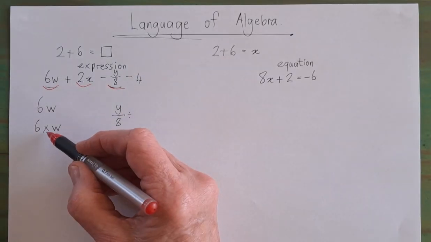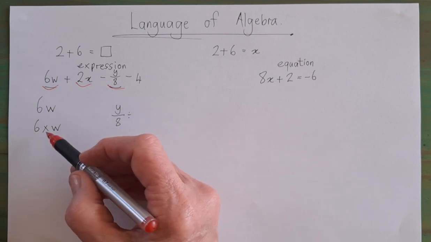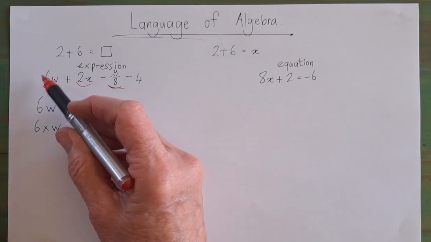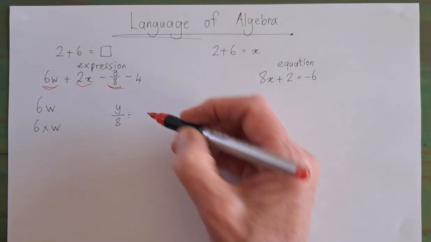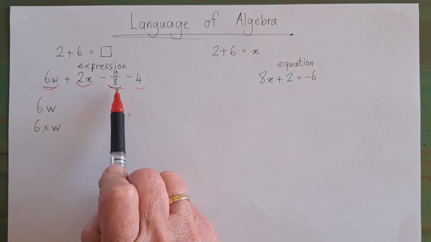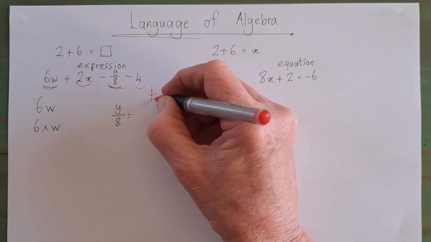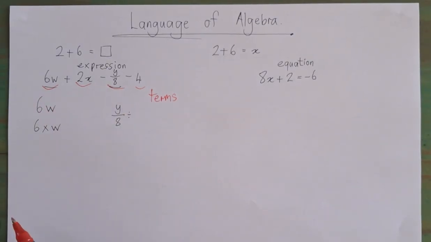So remember, multiplication and division are inverse operations. So just like having multiplication within that makes it one term, having division within that makes it one term. And then there we've got a 4 on its own. So we've got 1, 2, 3, 4 terms in this algebraic expression.